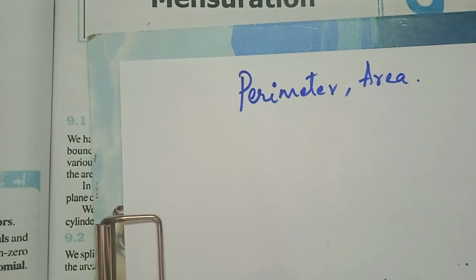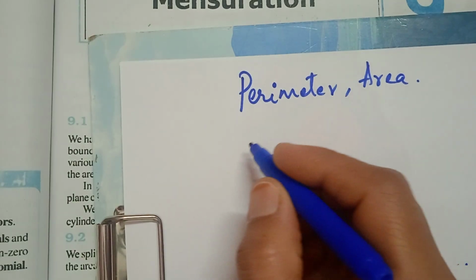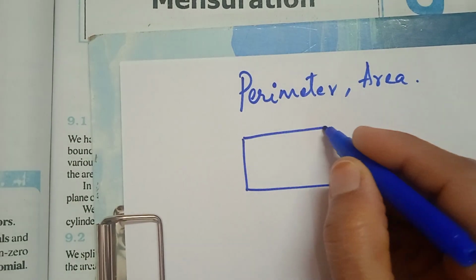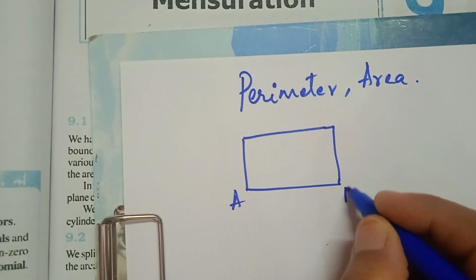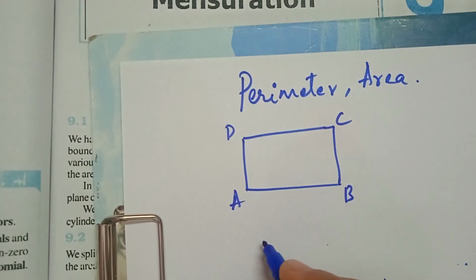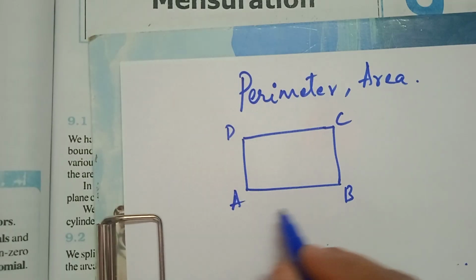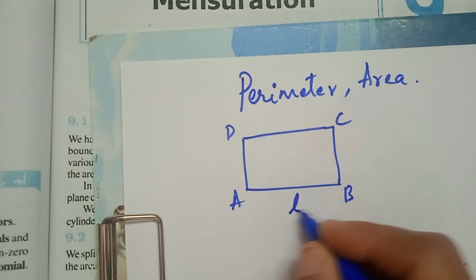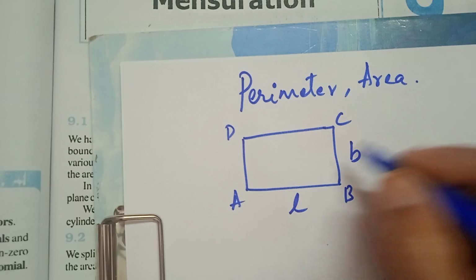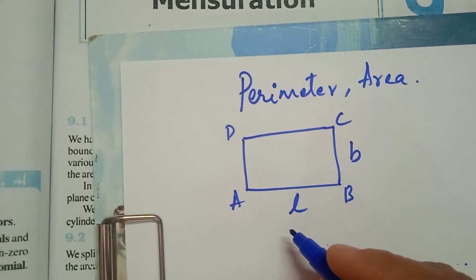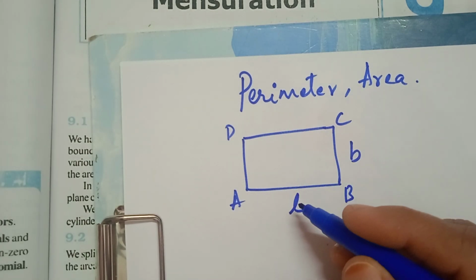For example, when you consider any plane figure, say this is a rectangle ABCD. The length of AB is say L and the length of BC is say B. In a rectangle, the opposite sides are equal.